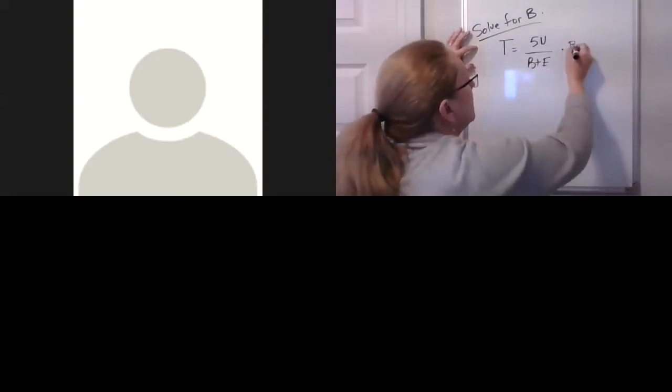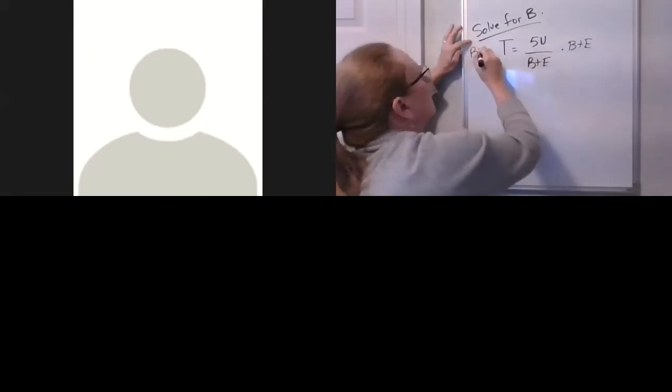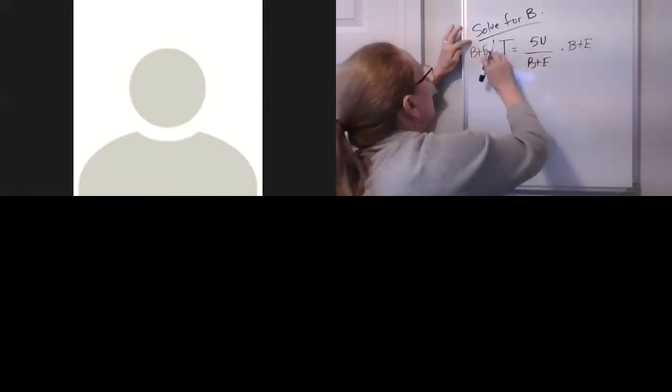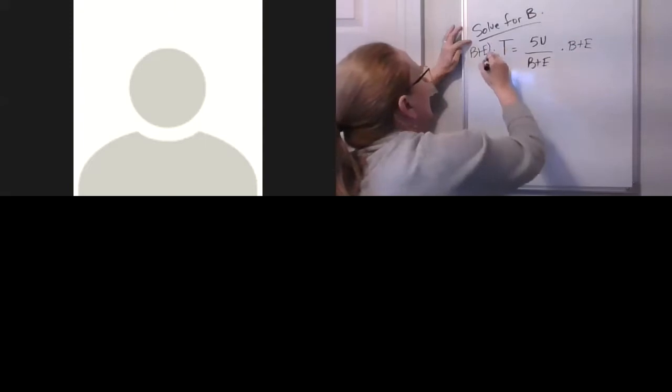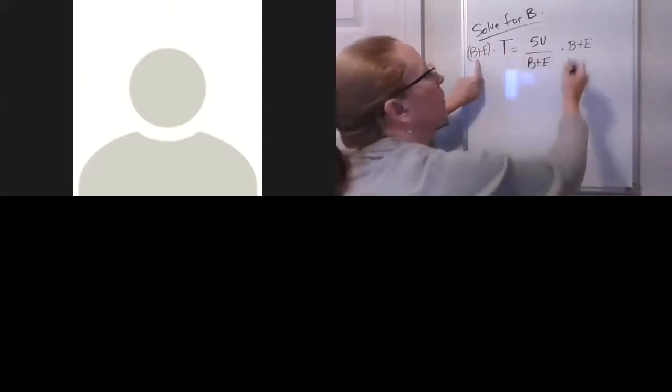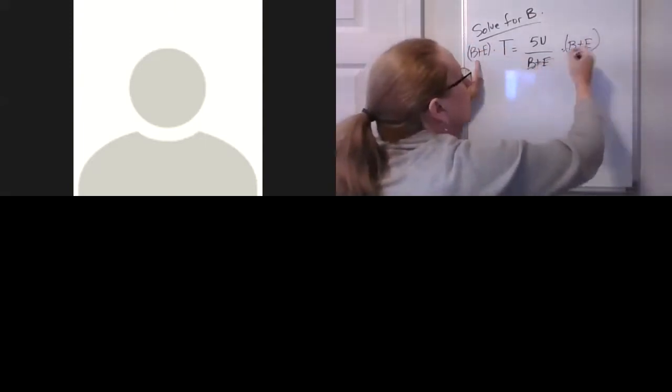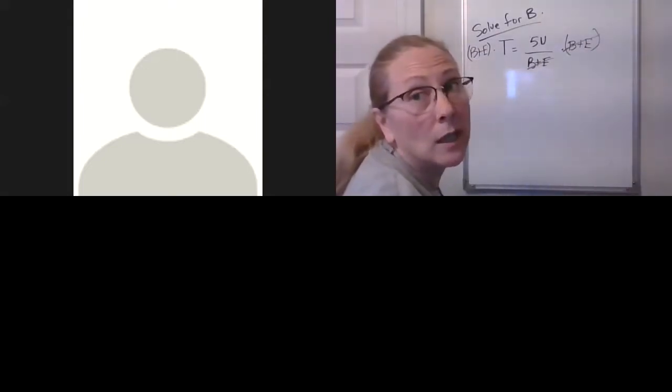Well, b's in the denominator. How do we get it out of there? Well, we're going to multiply both sides by our LCD, b plus e. Obviously, on this side, we're going to have to distribute. Here, it just cancels. So the good thing is it's in the numerator, at least.